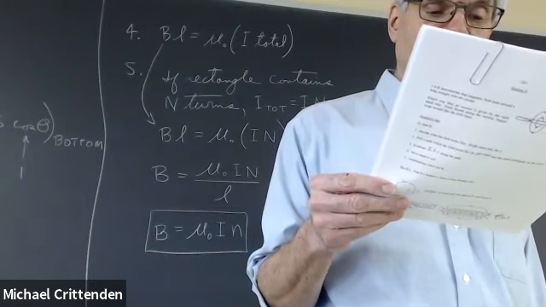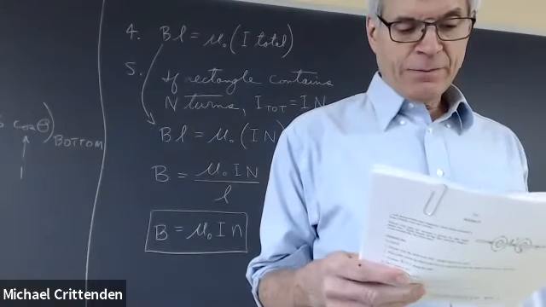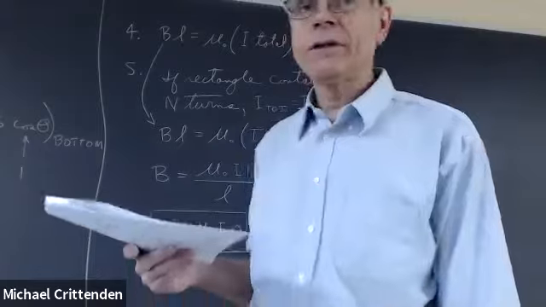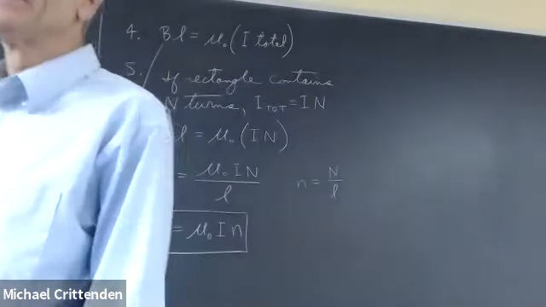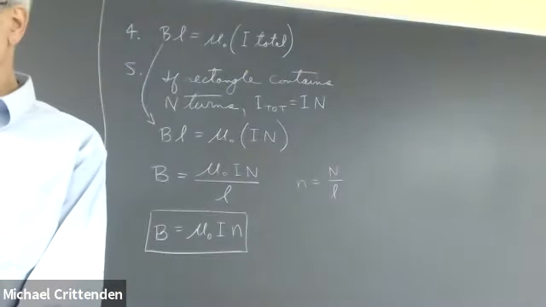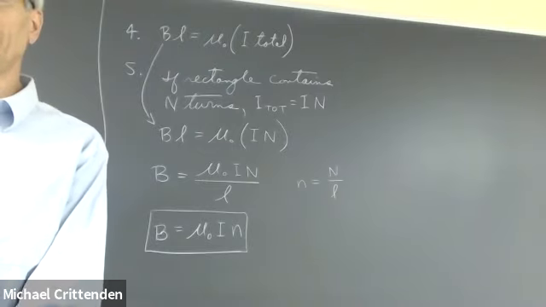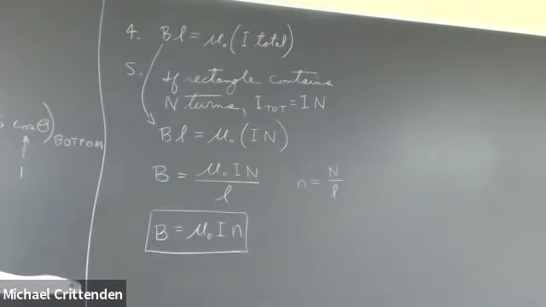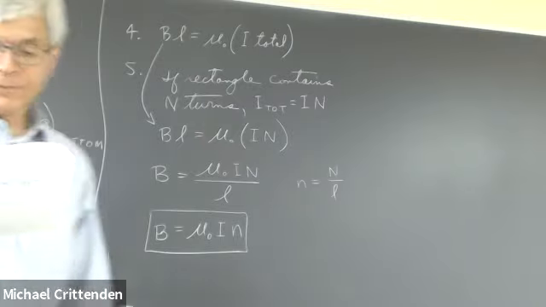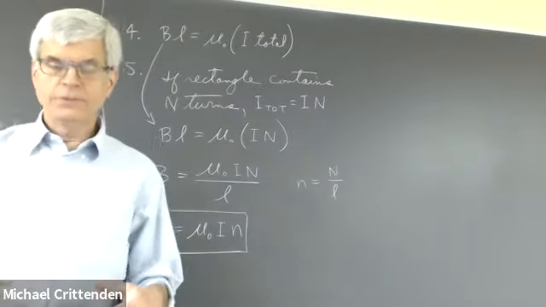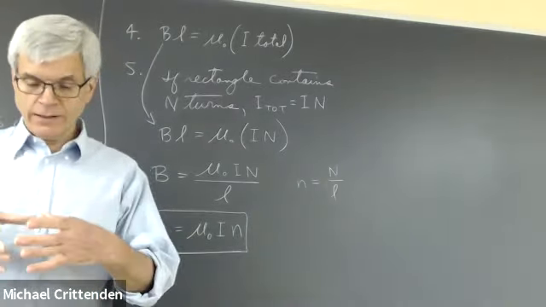Also on the formula sheet, I'm not going to take the time to show how these follow from Ampere's law. The field of a toroidal coil, the derivation for that is fairly similar to what I just went through. A toroid is a donut, okay?